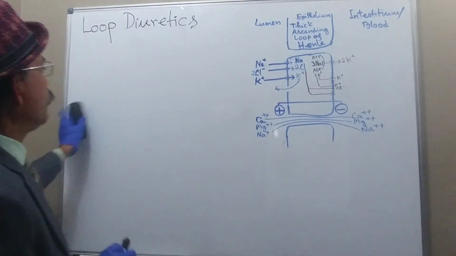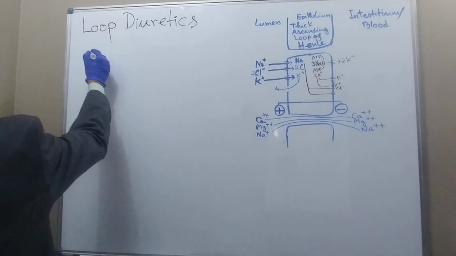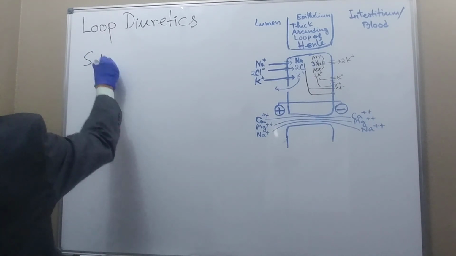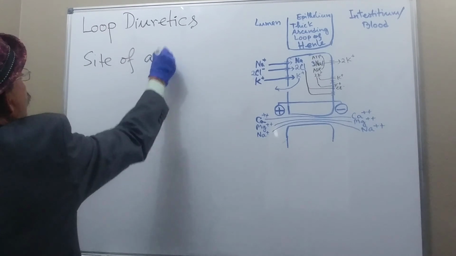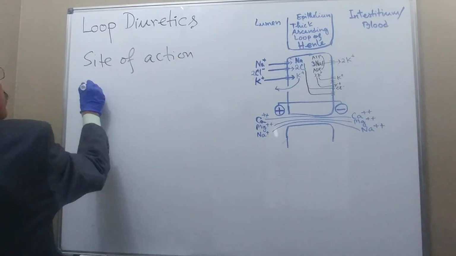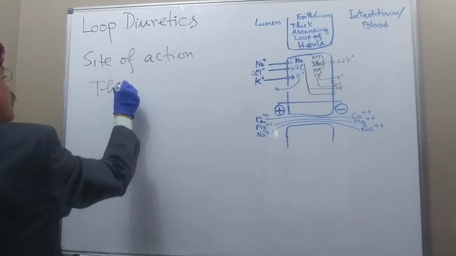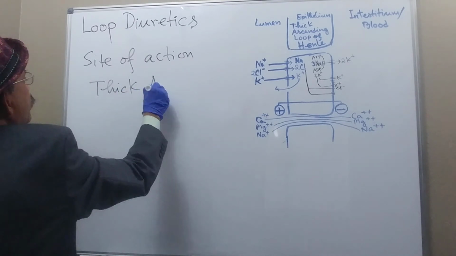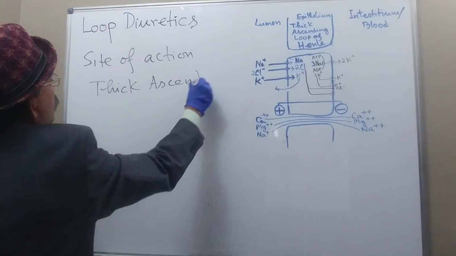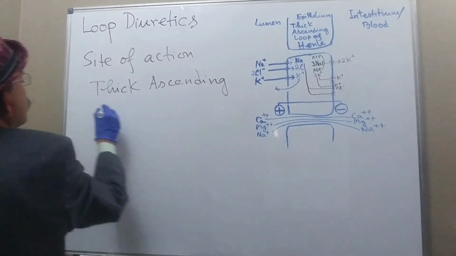So the site of action is very important. The site of action is the thick ascending limb of the loop of Henle.